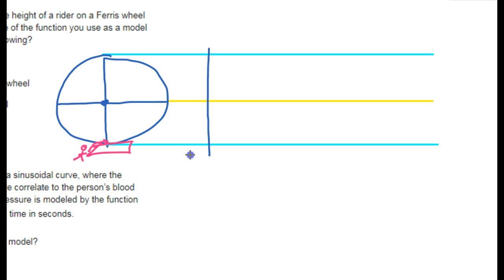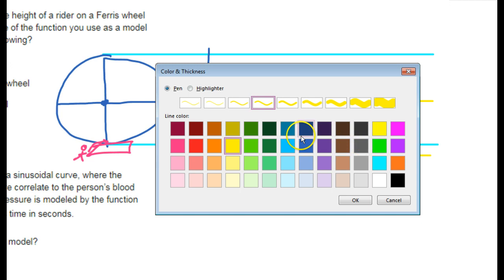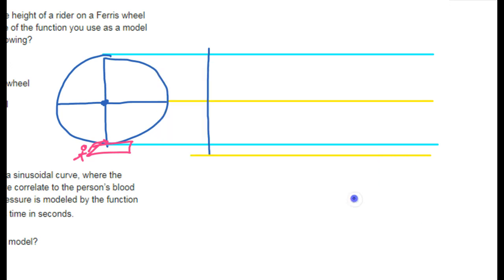Okay, like this. Alright, so here's the ground.